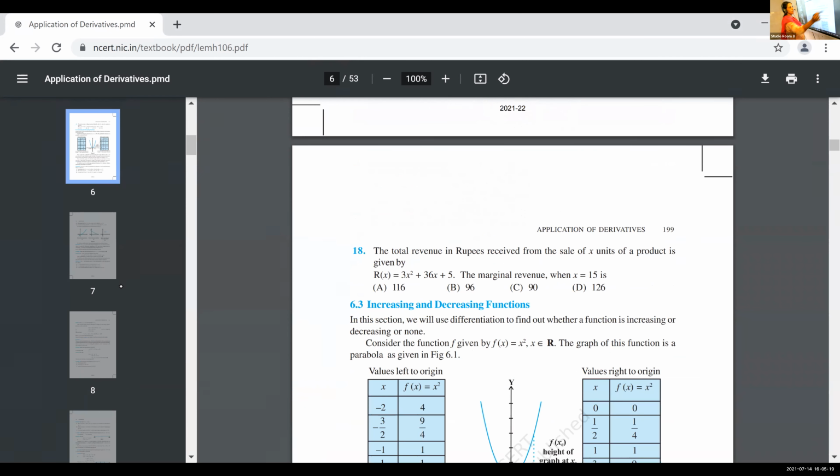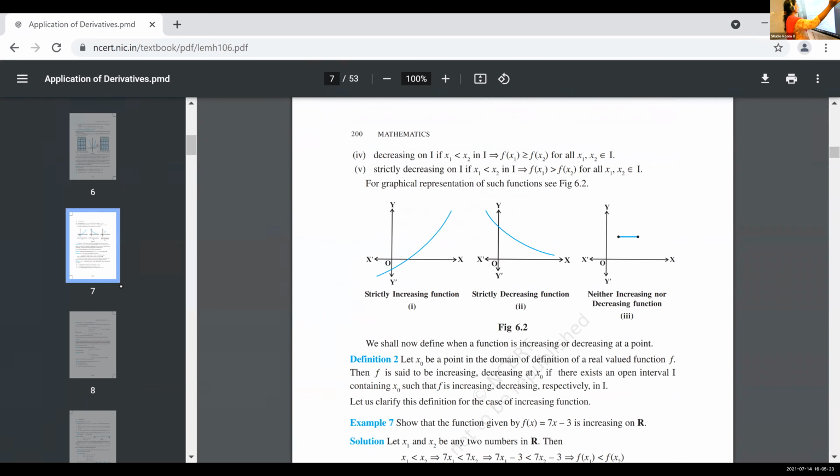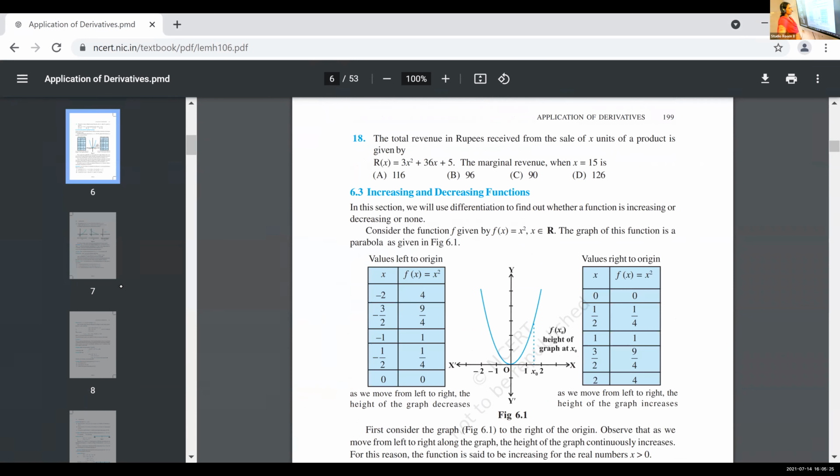Increasing and decreasing functions. Sometimes we think that for this topic, reading the textbook is not needed, but it is not like that. Reading the textbook is very important.